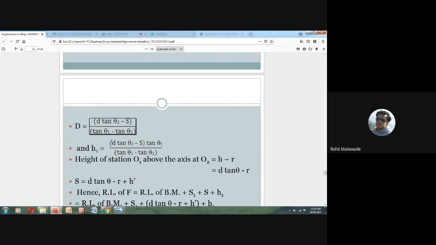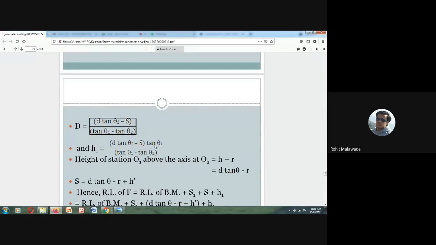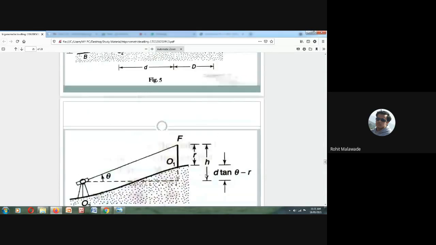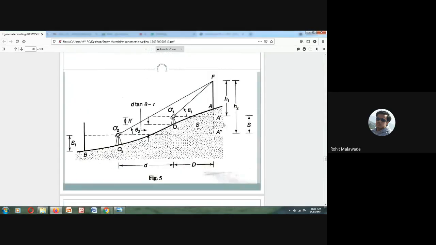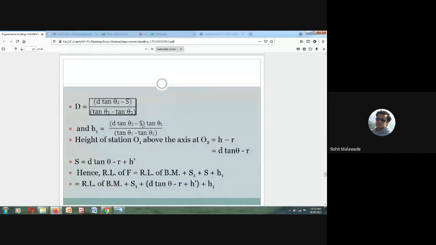Now, how can we measure the distance D? D is equal to D tan theta 2 minus S divided by tan theta 1. This height H1 can be calculated using the formula D tan theta 2 minus S into tan theta 1 divided by tan theta 1 minus tan theta 2.